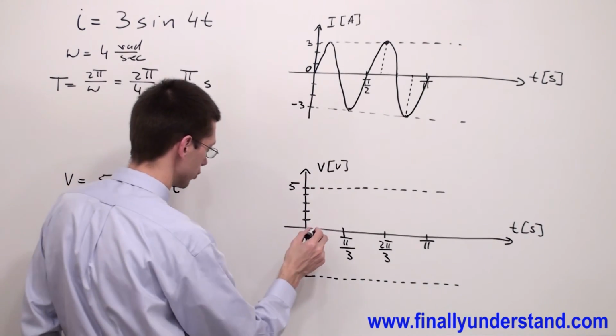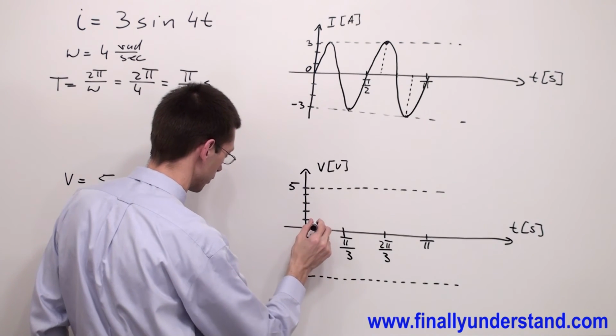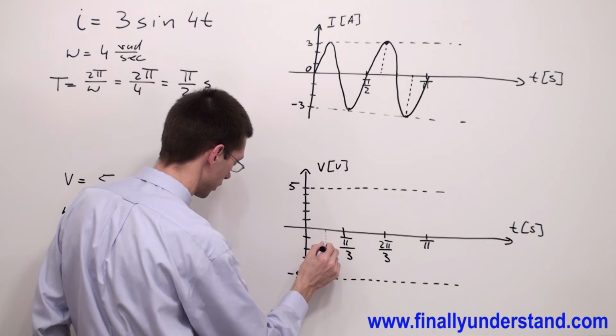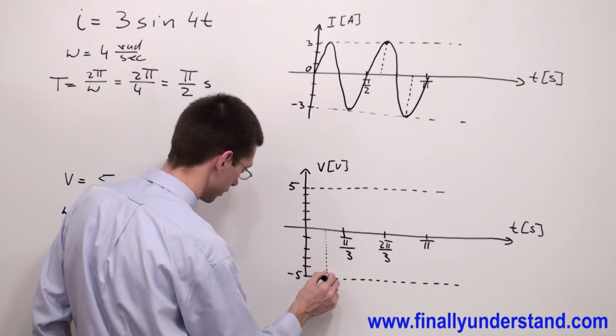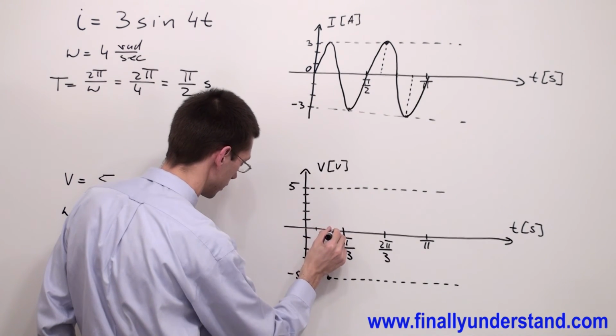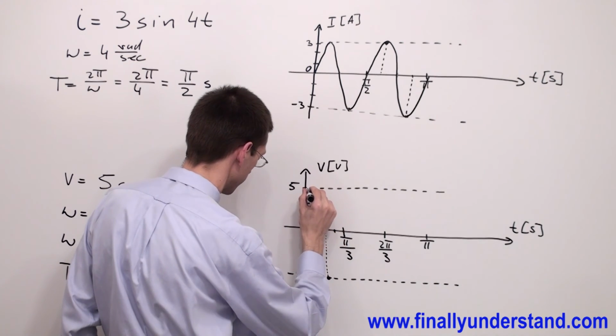And I'm supposed to draw the cosine wave. So my cosine wave is going to have a peak over here.